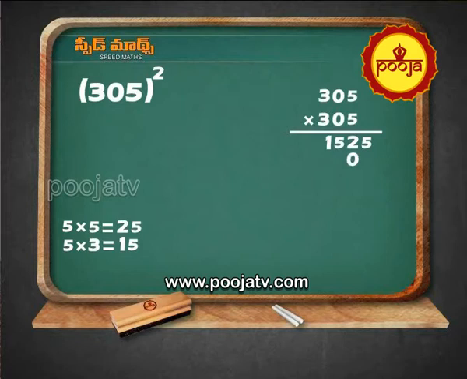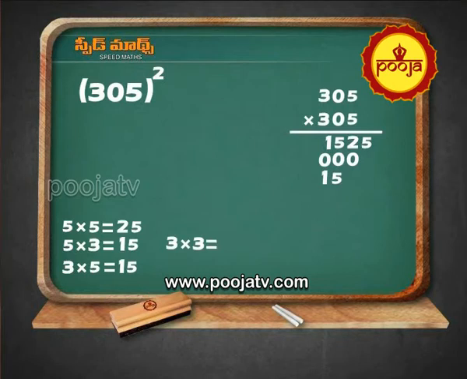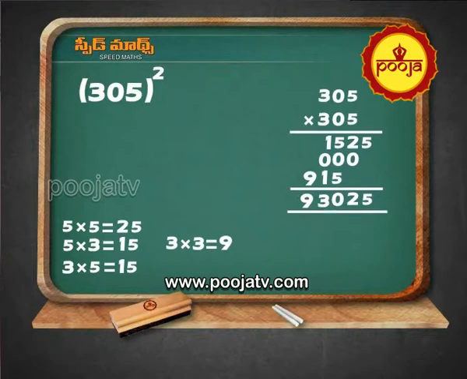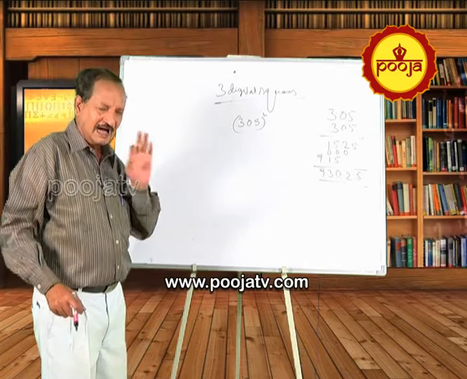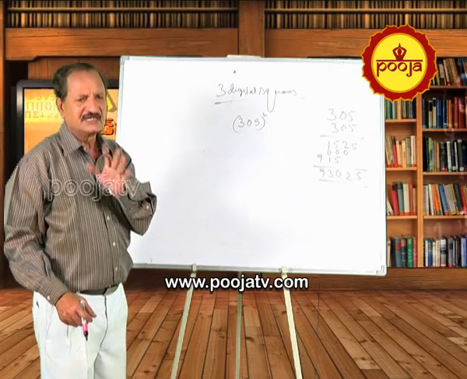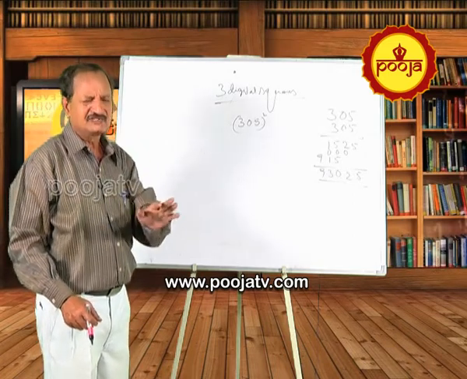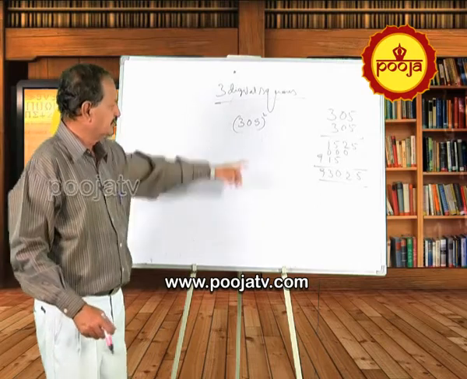Then 0, 0, 0. 3 into 5 equals 15, 15 here. 3 into 3 equals 9, 9 here. Add, and the answer is 93025. Now I will show you amazingly, in 1 or 2 seconds, you can just write the answer.